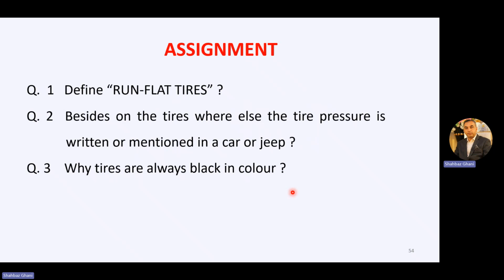Take a picture and write all the information which is written there on the side wall and explain. So this is the assignment which I gave to my students, and do consult the books which I am referring to, Automotive Technology by James D. Halderman, and Fundamentals of Vehicle Dynamics by Thomas Gillespie.